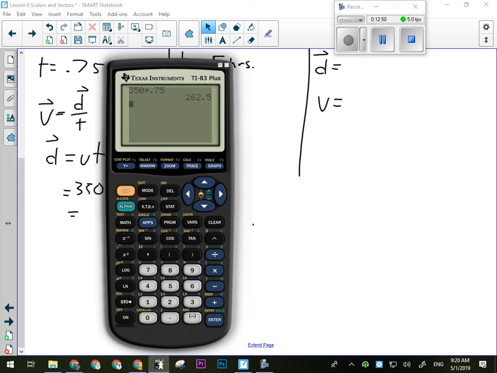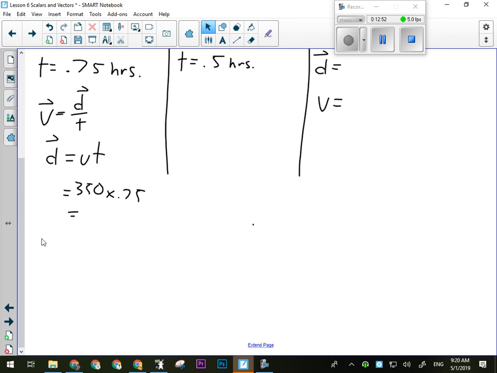Okay, so in the first part, we go 262.5 kilometers east. All right, and that east is still important. Okay, I need to know that direction for when I'm calculating the displacement up here. Okay, if I'm just talking about how far did it go, it just went 262.5 kilometers in that part.